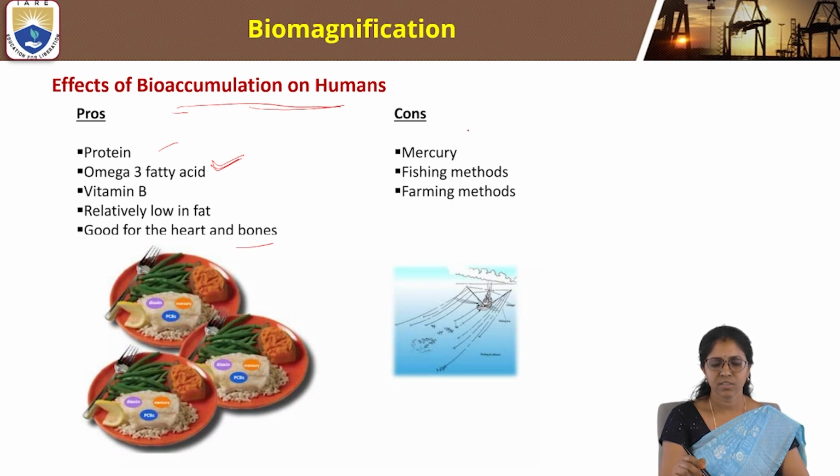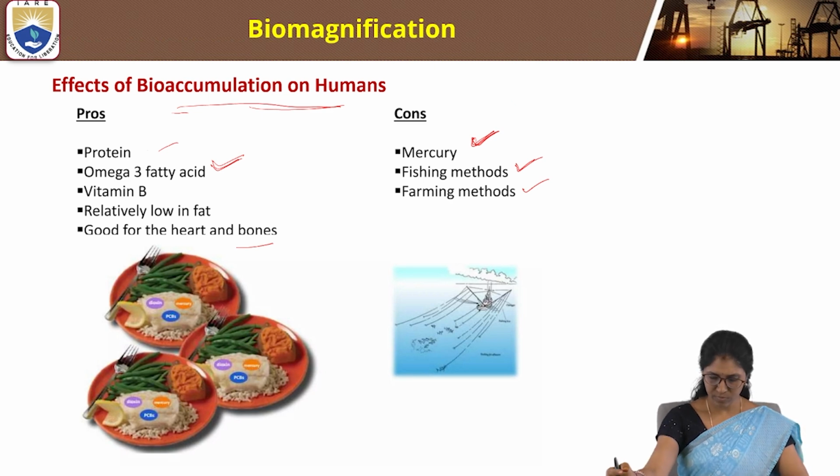The cons are some mercury impurities, and fishing and farming methods differ. The main con is mercury. Fish contain some low level of mercury.